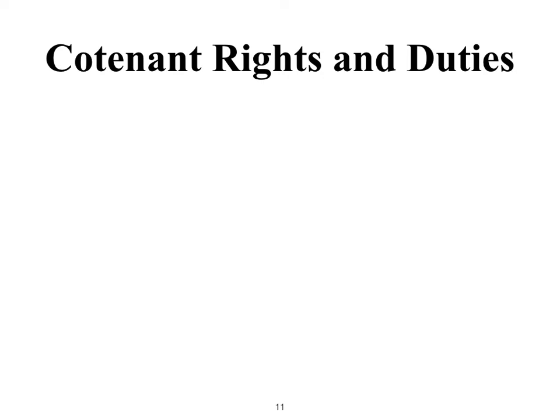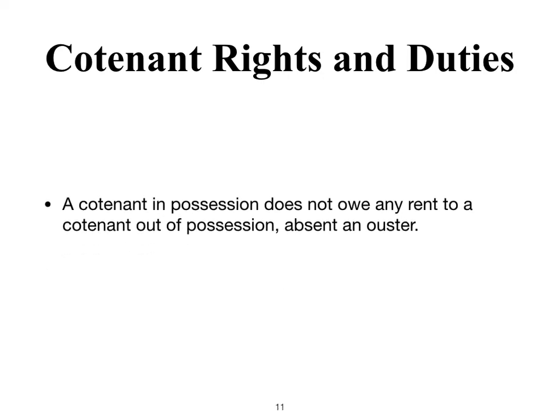But absent an ouster, a co-tenant in possession does not owe any rent to the other co-tenant. Just because a co-tenant did not want to live in a property doesn't mean that the co-tenant that lives in the property is required to pay rent to the other co-tenant.